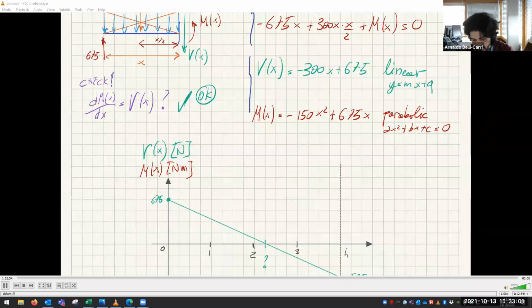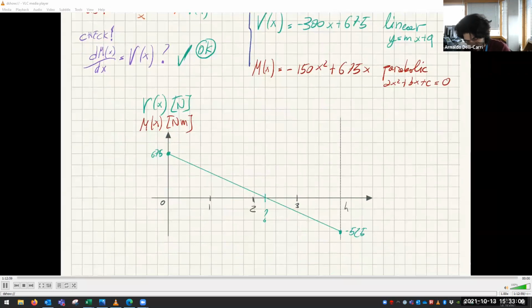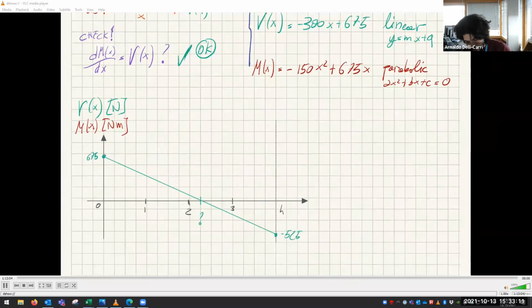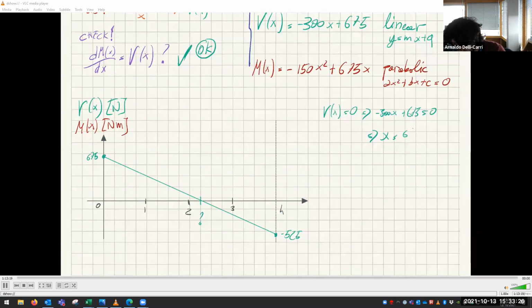So you find that v of x equals 0, which means that minus 300x plus 675 equals 0. So that means that x equals 675 divided by 300, which is 2.25.